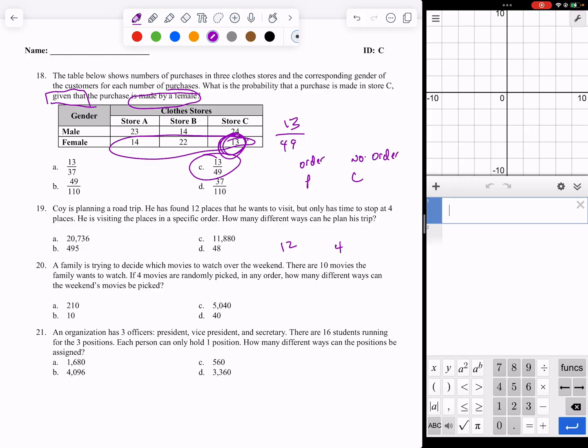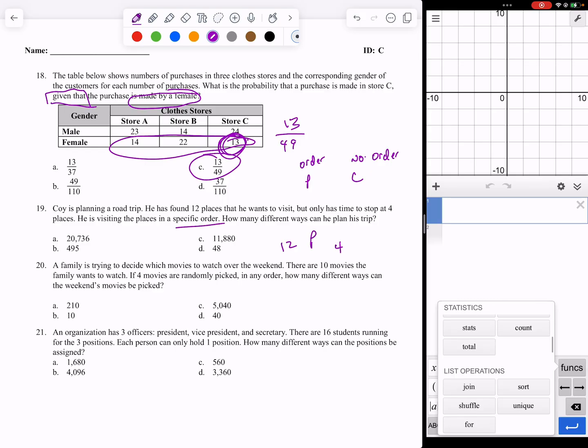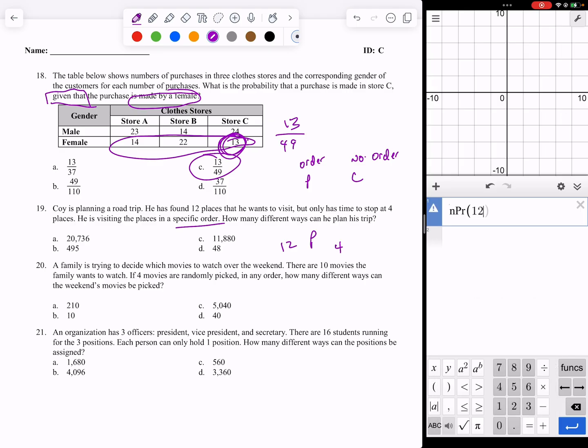He only has time to visit 4 in a specific order. P(12, 4). With decimals, you've got to use comma. 11,880.